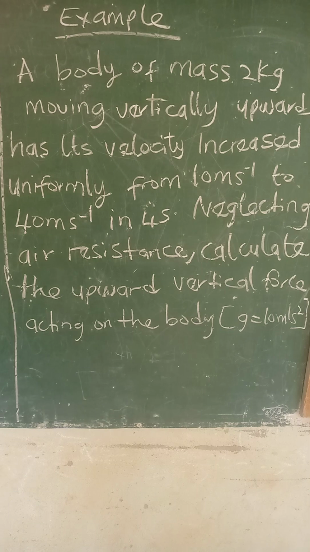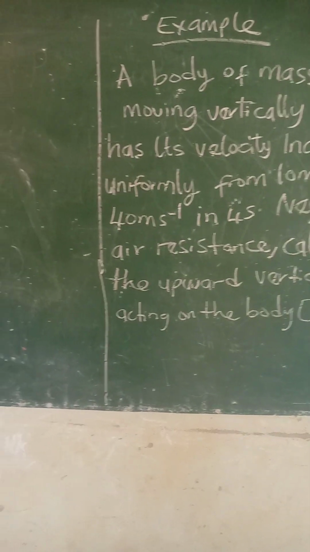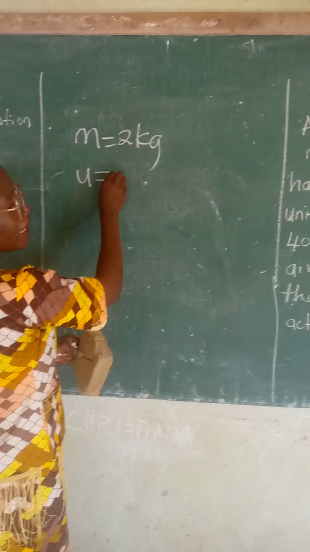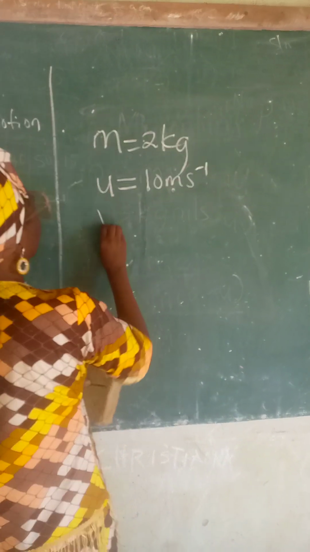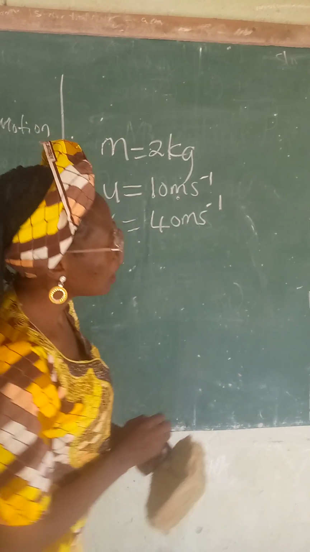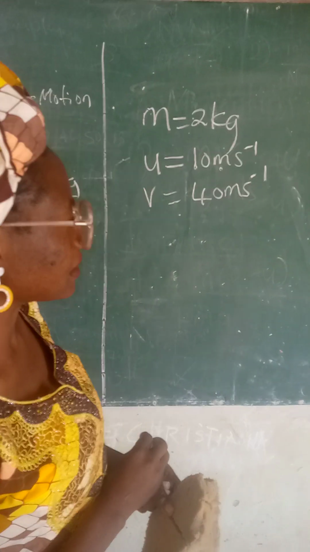So it means that we have been given two velocities here, initial and final. By now you know that u is used to represent initial velocity. So we have u to be 10 meters per second, and then we have v to be what? 40 meters per second.